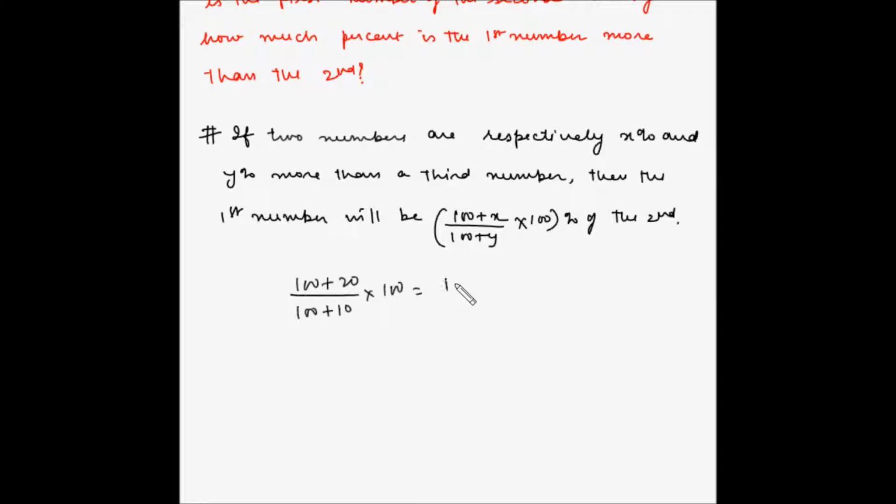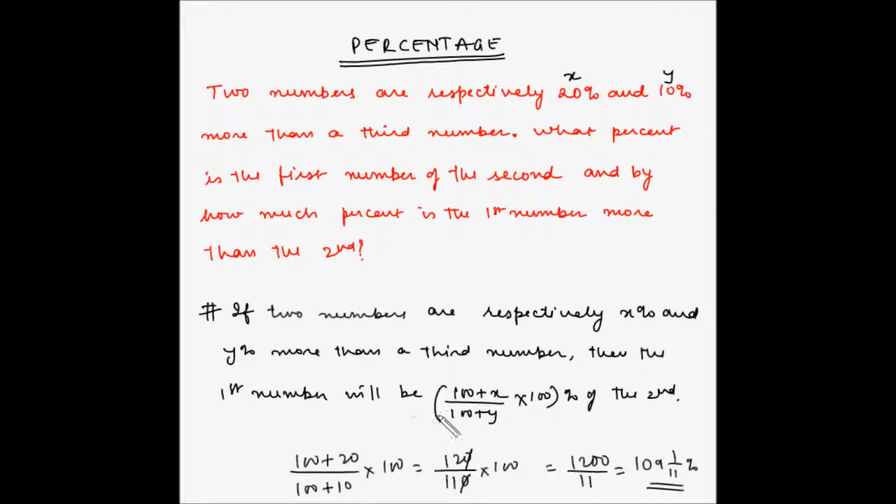So this is equal to 120 divided by 110 into 100. So 0 gets cancelled with this 0. So this becomes 1200 divided by 11, which is 109 1 by 11%. So if you can remember this formula, you can use this. If not, you can use the previous method that we utilized to solve this problem.